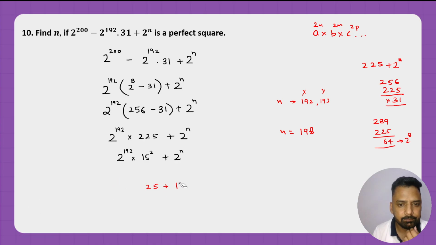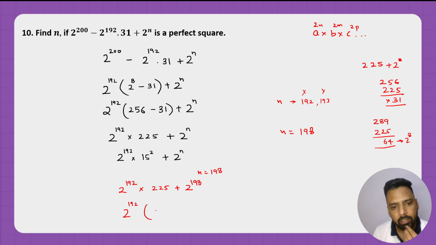let's suppose n is equal to 198, तो it is 2 to the power 192 into 15 square, or let's write it as 225 plus 2 to the power 198. Now if I take 2 to the power 192 common, I have 225 plus 2 to the power 8, and 2 to the power 8 is what? 64.